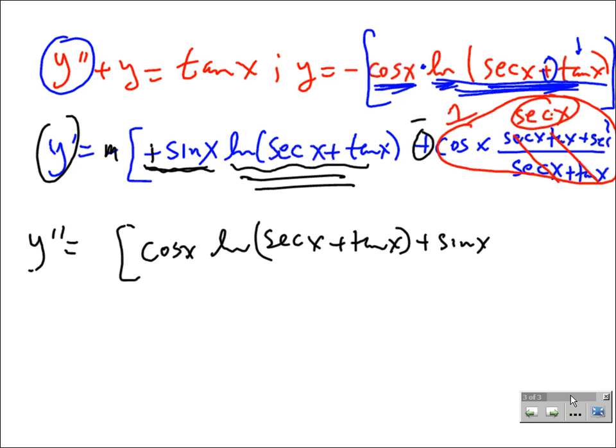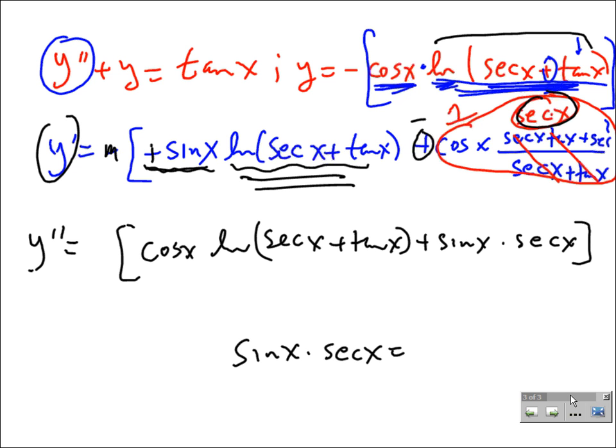Oh, wait a minute. We just took the derivative of that right here. And we got secant x. You want to do it again? Do it again. I'm not going to say a word. I will say this word though. Sine x times secant x is sine x times 1 over cosine x.